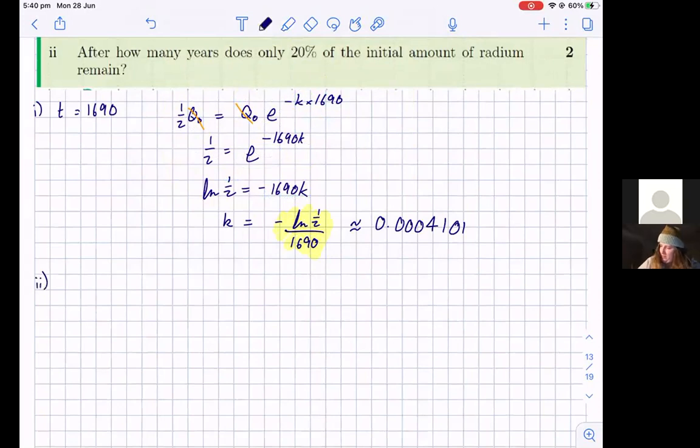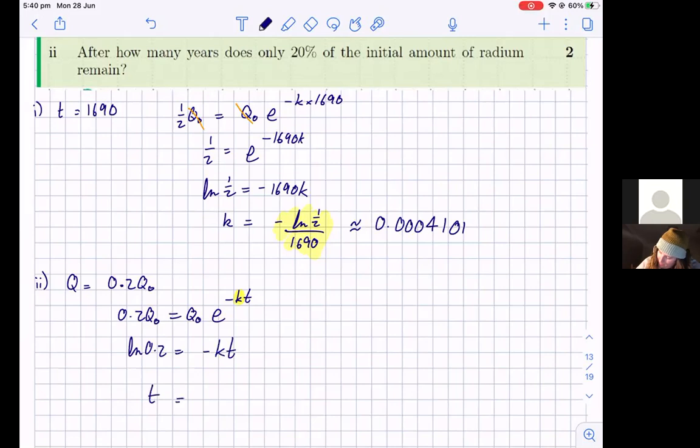After how many years does only 20% remain? So Q equals 0.2 Q naught. So 0.2 Q naught equals Q naught e to the minus kt. I'm going to substitute this in, I'm not going to bother writing it out now though. Get rid of the Q naught. So we've got ln of 0.2 equals minus kt.